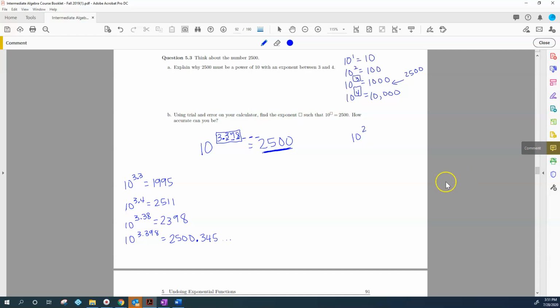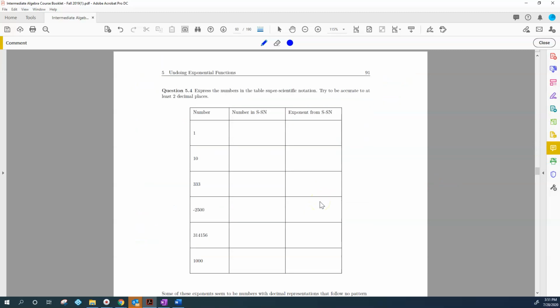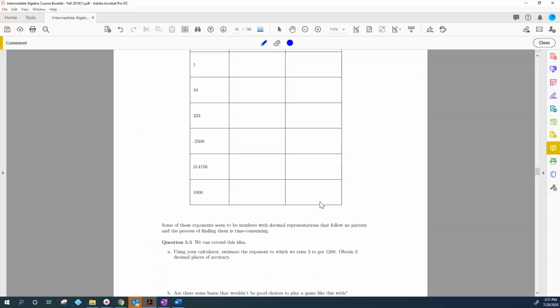So let's look at this little chart here. We're not going to do all of these, but let's try this one with 333. So I'm trying to think of 10 to the what power gives me something close to 333.